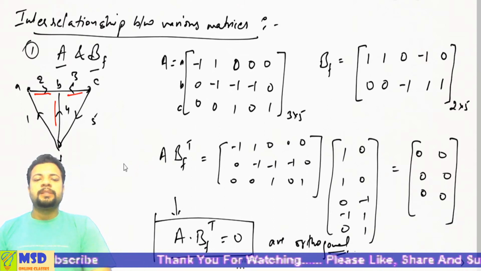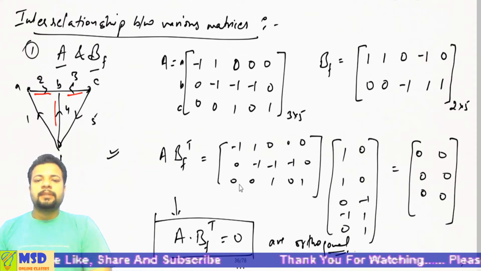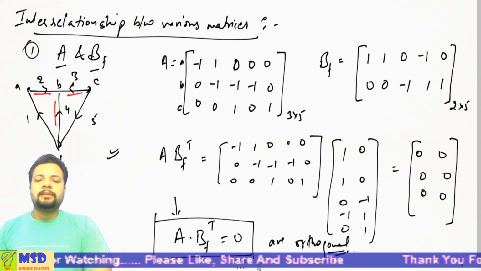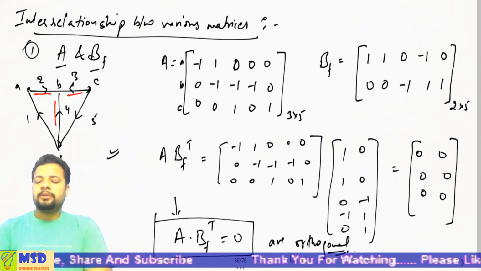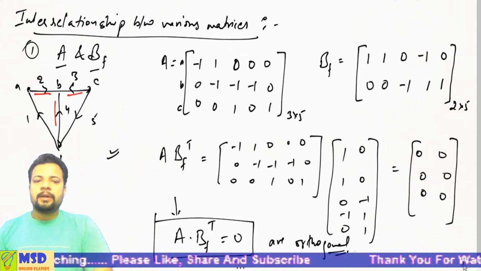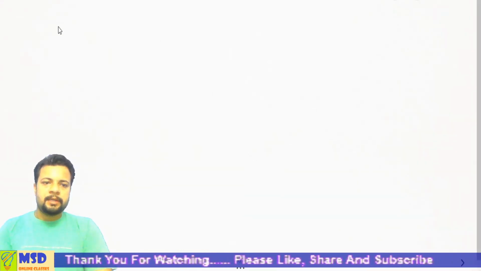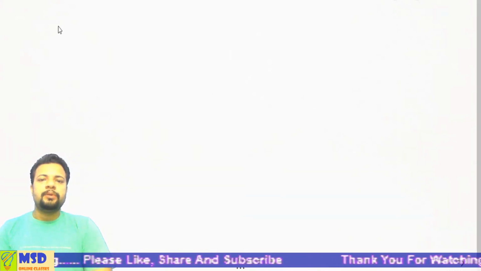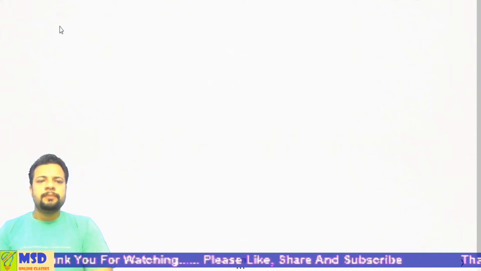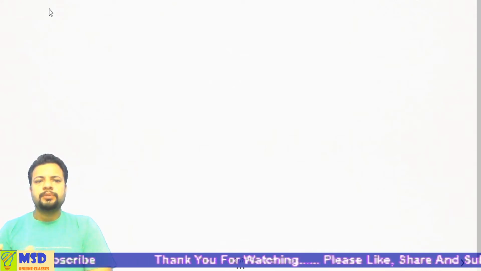So you can just take any graph, develop these matrices, and take the product of these two matrices, and if it comes out to be 0, we will say they have an orthogonal relationship. I hope I'm clear. Later in this session I'll be telling you how to prove this orthogonal relationship using matrices only, but you are free to choose any method.